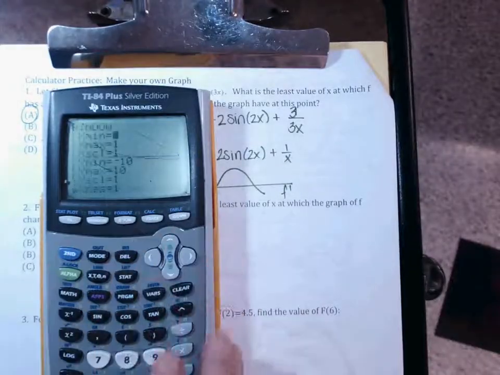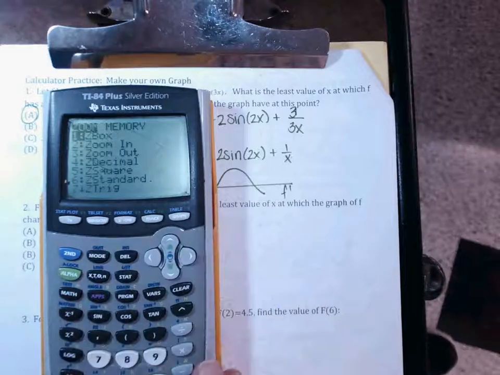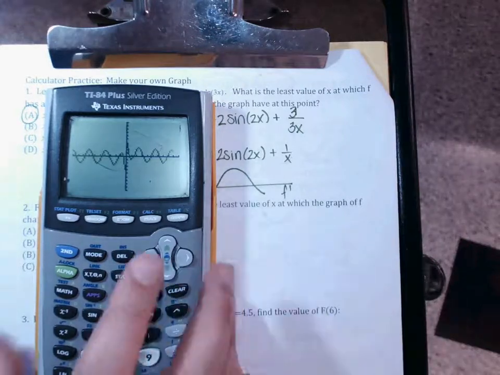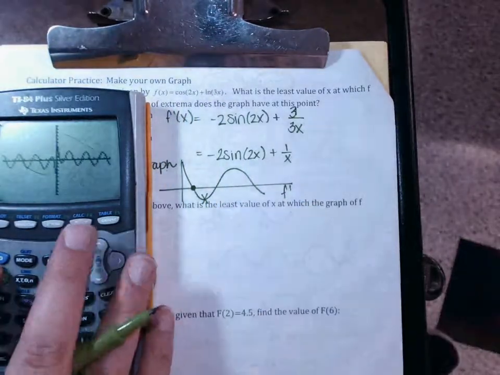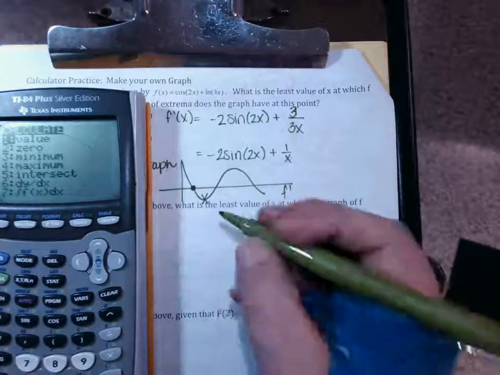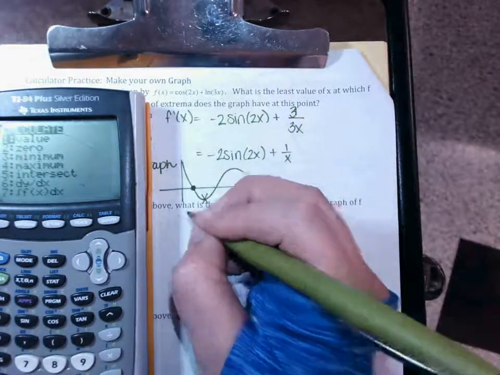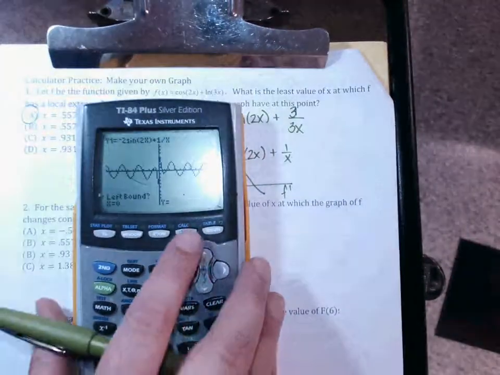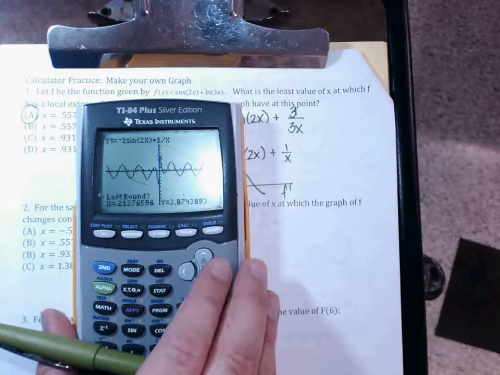Okay, I'm going to change my window back to normal so that I can find the lower point. So you'd hit second trace, and if I want this point right here, I'm going to choose the minimum in the graph, which is option 3. And then remember that when you do that for your left bound, you have to go a little bit to the left of that point.